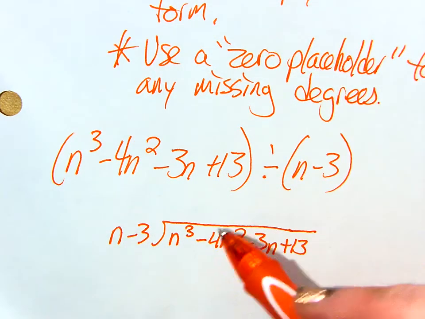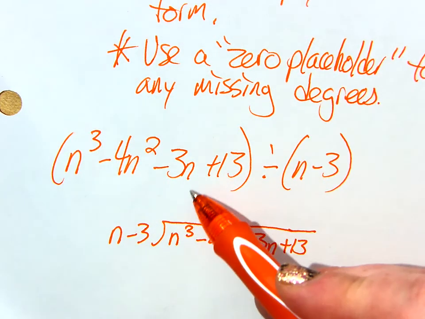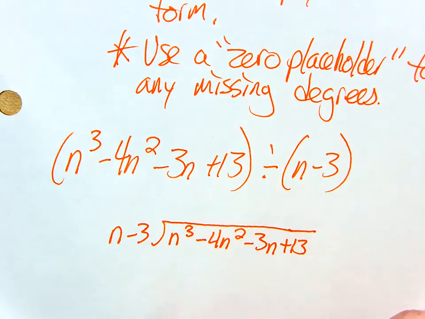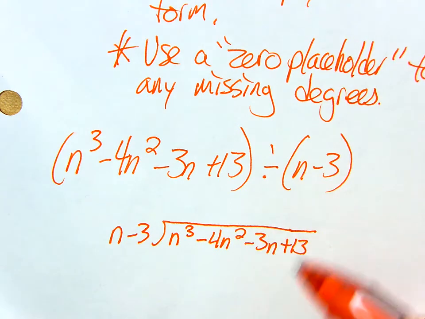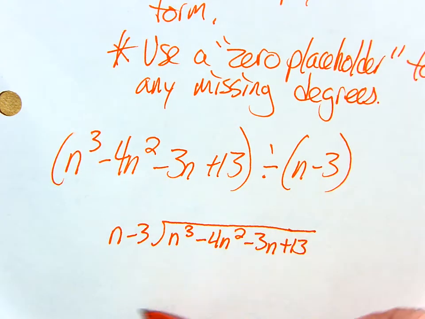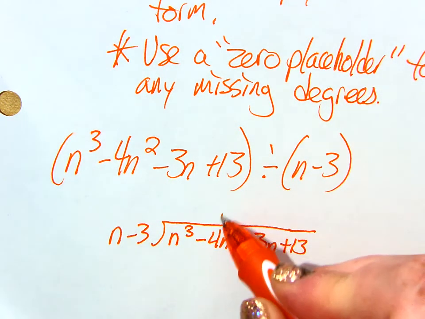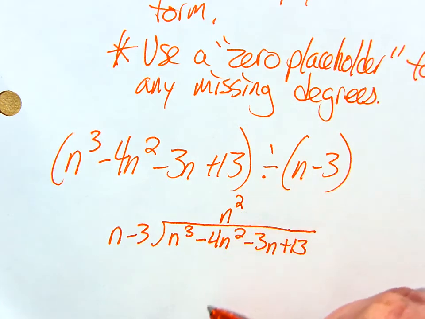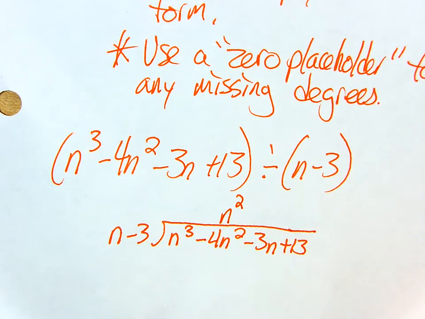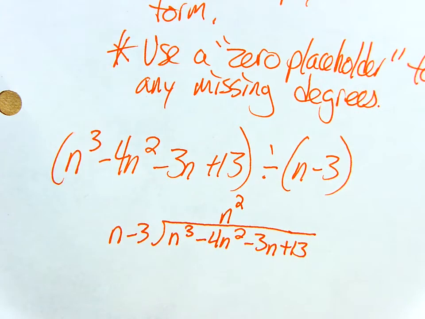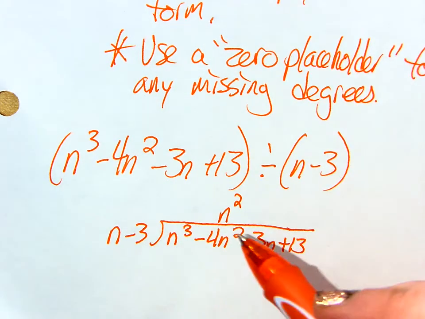Now, here's what you want to keep in mind. Everything in this column will be an n to the third. Everything here will be an n squared. Here will be n's, and here will be just numbers. So when I put the n squared, I want to make sure that I put it in the n squared column, because I need everything to line up, otherwise it's not going to work out.